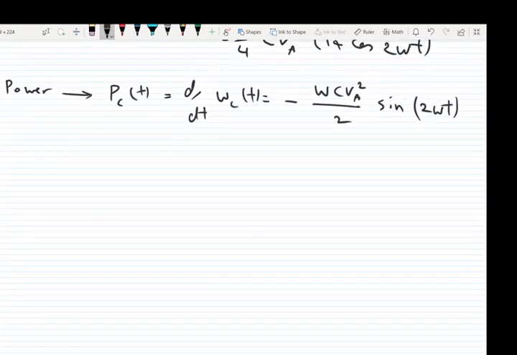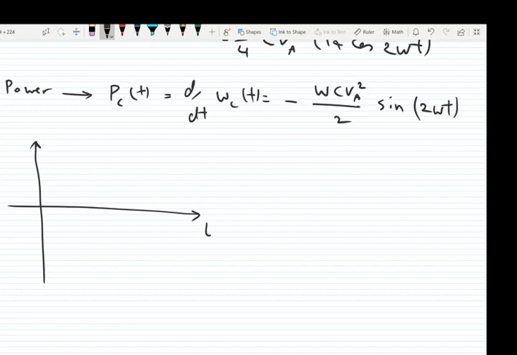And if we graph power and energy, the same thing we did for the inductor, we will have these results.